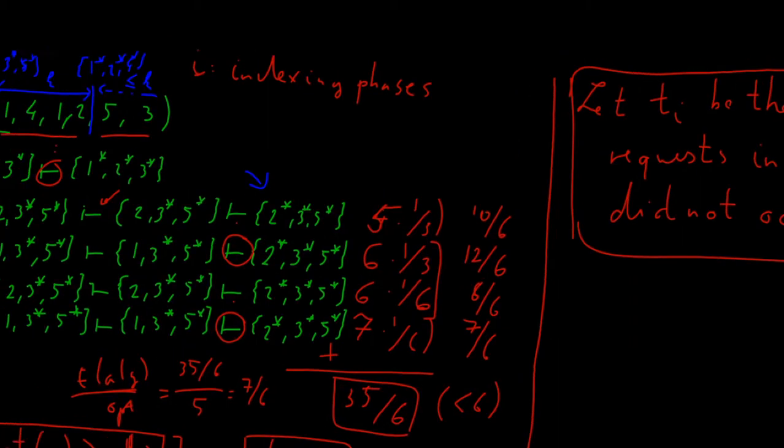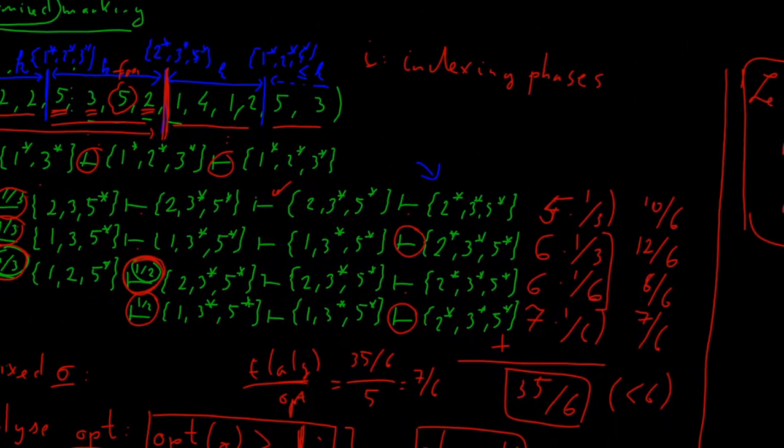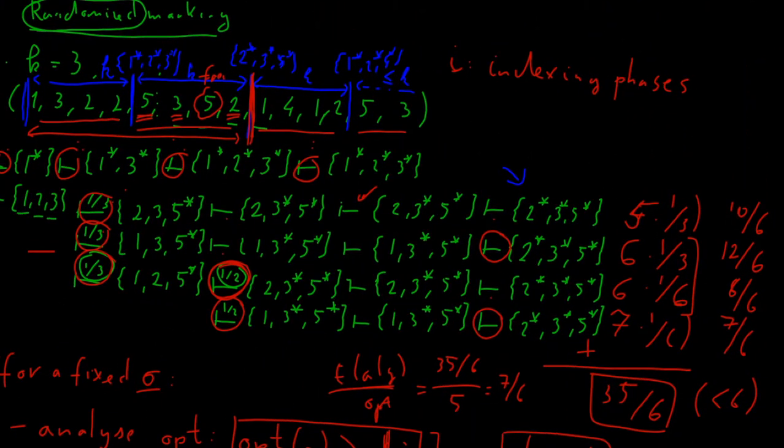So for this particular input, for example, T1 is the number of new elements in the first phase, which is 3 because all of the elements are new. Now in the second phase, 2 and 3 are not new elements because they occurred in the previous phase, but 5 is a new element, but it's only counted once.